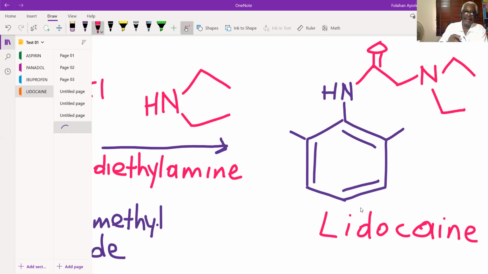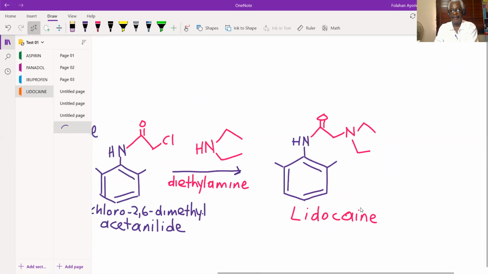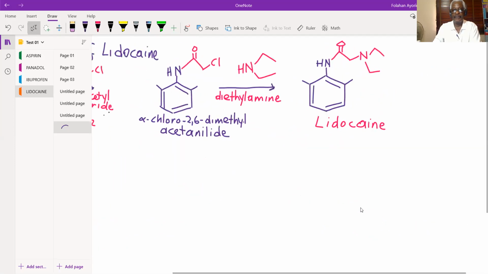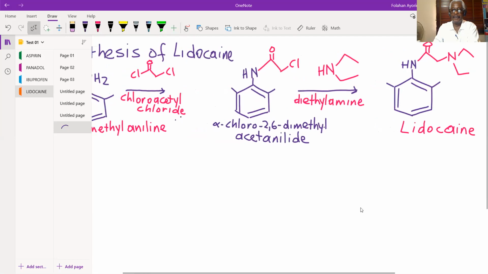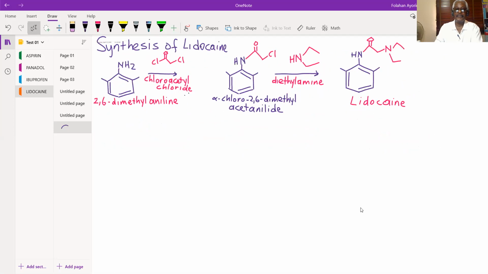Okay, so now let us bring the synthetic scheme all together so we can see the complete synthetic scheme. You see, what have we done here? We started with 2,6-dimethyl aniline, this molecule here.